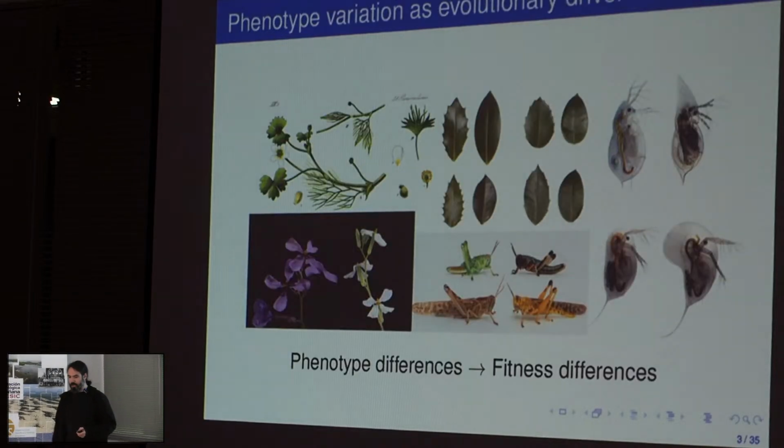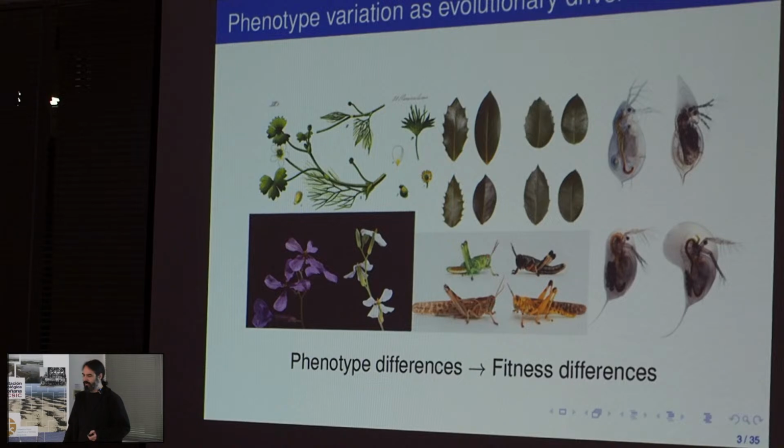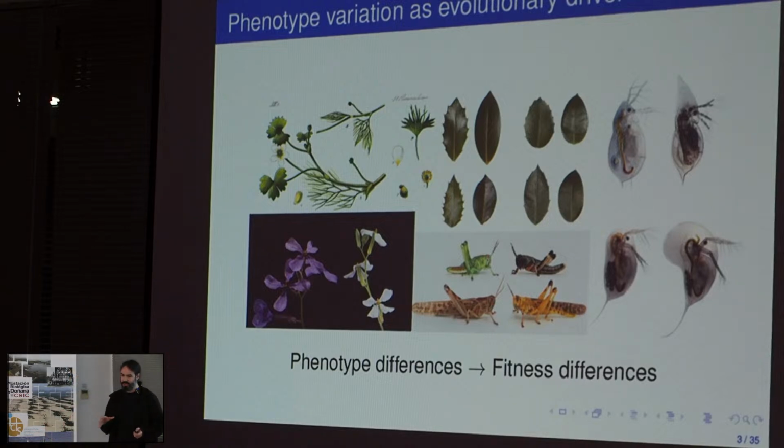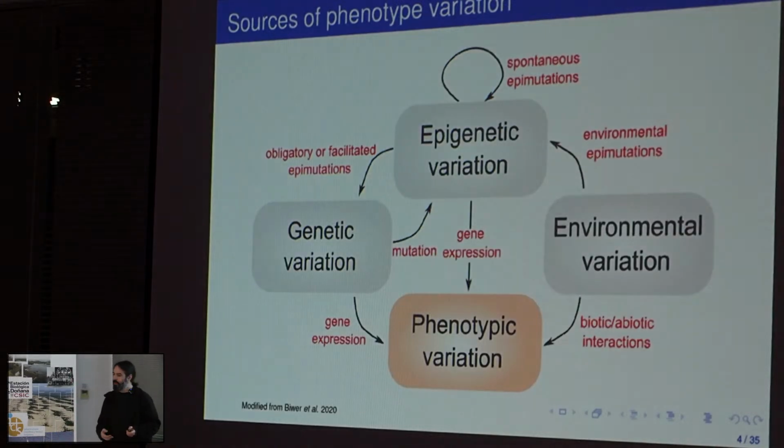So I'll start by mentioning that phenotypic variation is important. It's a key factor in natural selection, and it also gives a species more possibility to confront challenging or changing environments. So one can wonder, where does phenotypic variation come from?